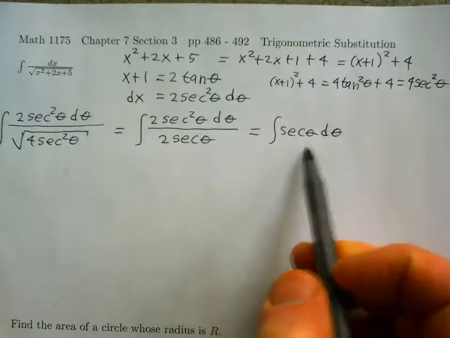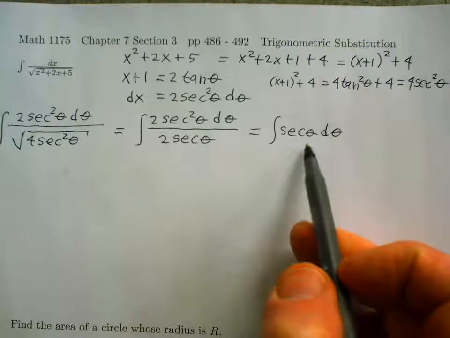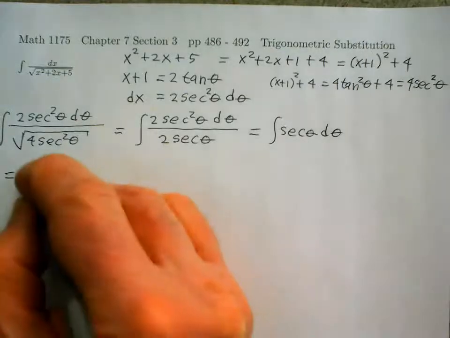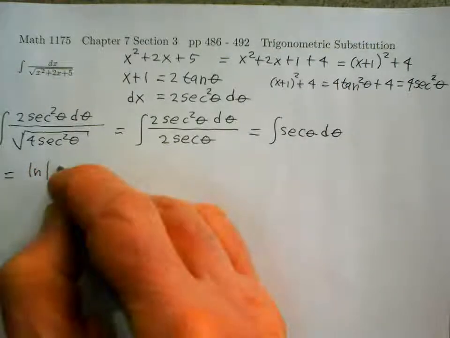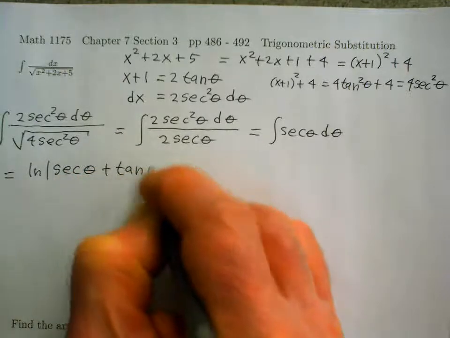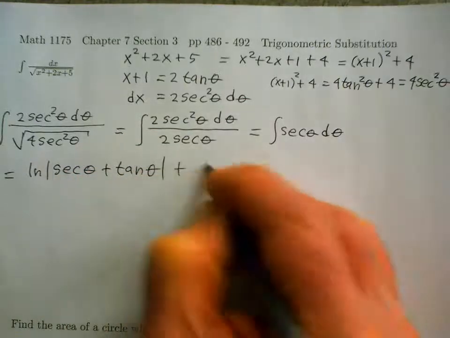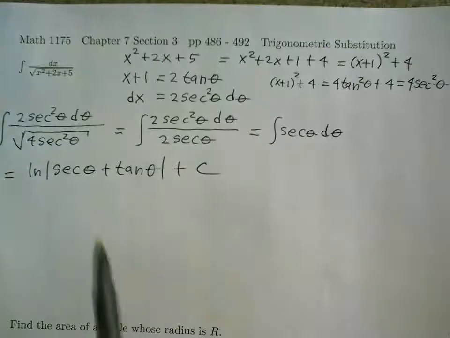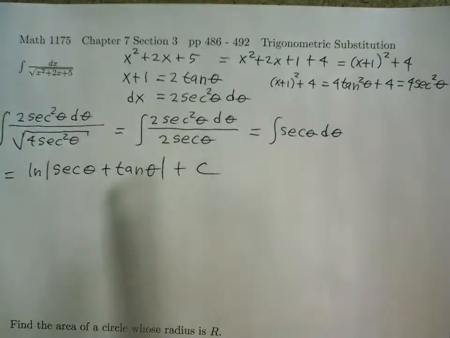We saw this integral a few minutes ago. So the indefinite integral of secant of theta d theta is the natural log of the absolute value of secant of theta plus tangent of theta plus a constant. For the indefinite integral, we have to do a little bit more work.